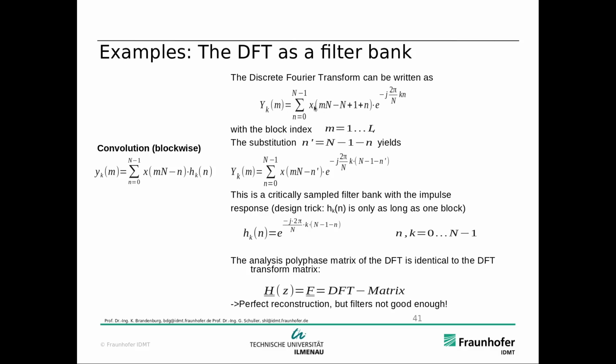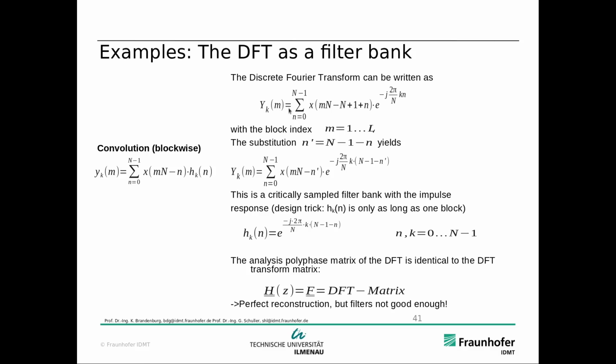If we have a sequence of blocks, each block has the length of N, then this would be our output. This basically behaves like our filter bank. We have a subband k, which is the frequency index in the DFT, and then we also have this block index m. So now we have this additional index for the time, which behaves like our downsampled index.